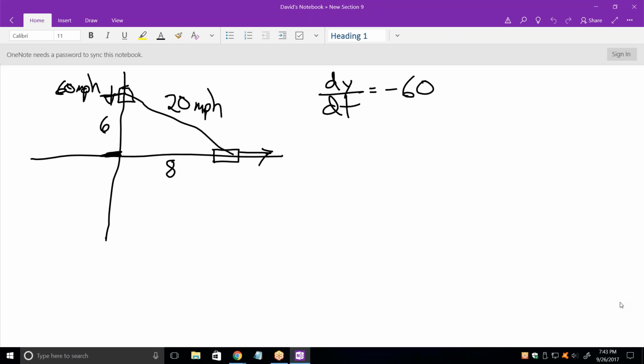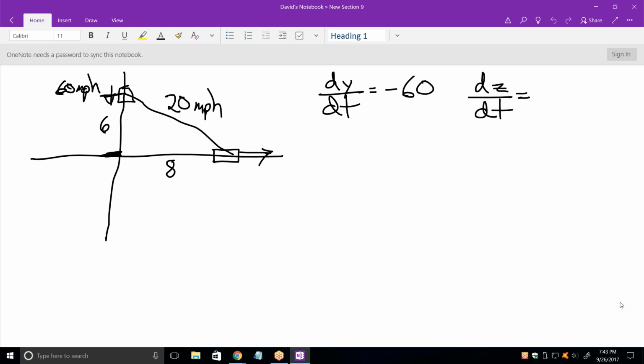Now, what else did they give us? dz dt. The distance between the cop car and the robber car. What's that? 20. Positive or negative? Negative. Is it increasing or decreasing? Decreasing. Not yet.